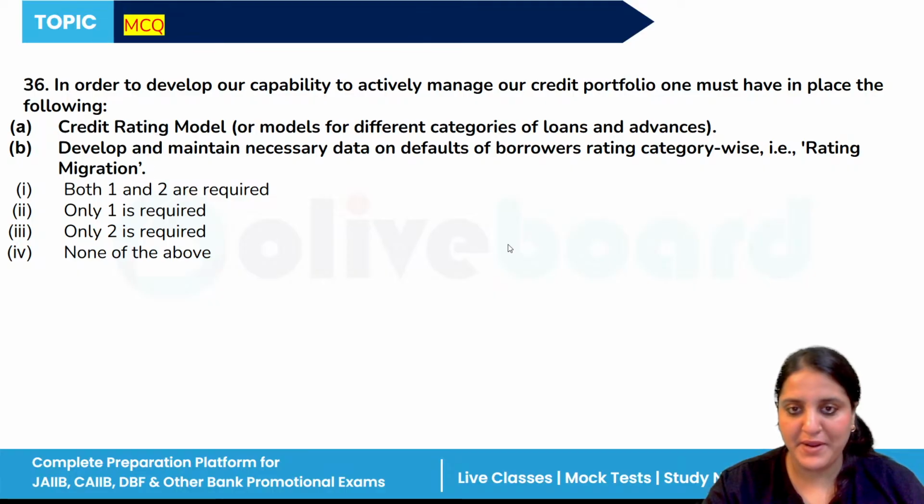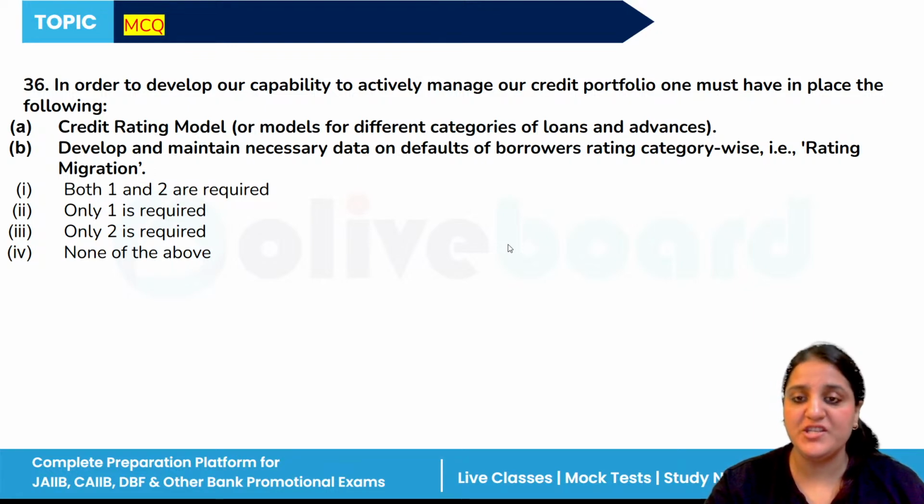A credit rating model is required to assign risk levels, and we need rating migration history to track any changes and refine risk management. If the bank monitors borrowers using an internal rating model and tracks how many migrated from A plus to B, it can proactively manage the portfolio. So in that case, we can say both options are correct, option A and option B.